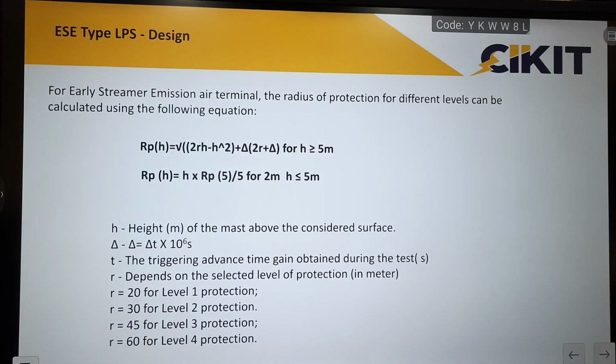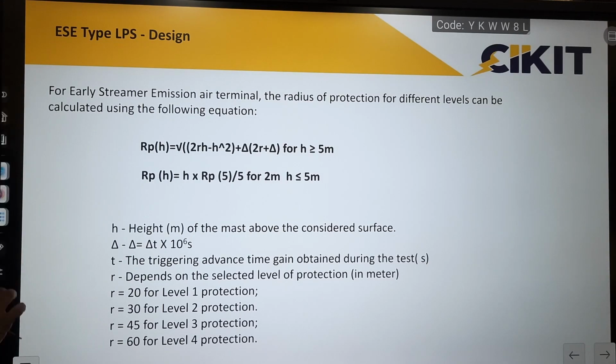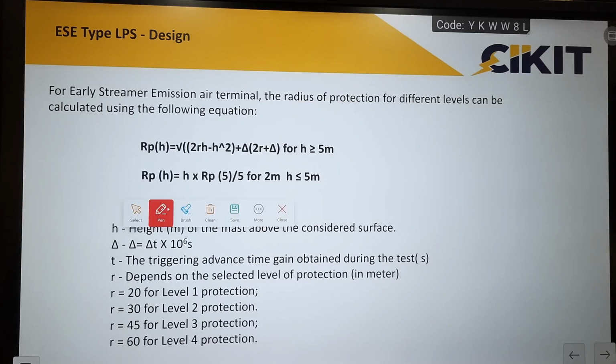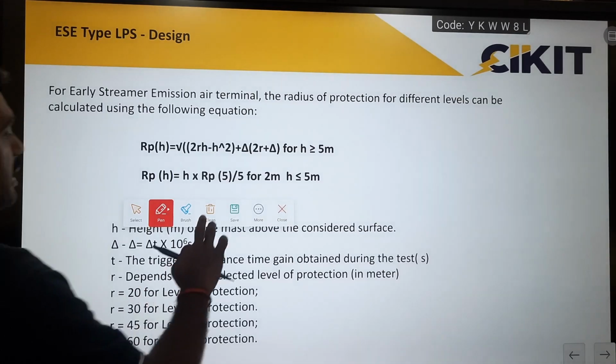If I go for ESE, the radius can be up to 107 meters, and the diameter can be 200 meters. Because of this wider coverage, ESE air terminals are commonly used in megawatt-scale solar projects. This is the formula provided by NFC 17-102 for calculating the radius of protection.